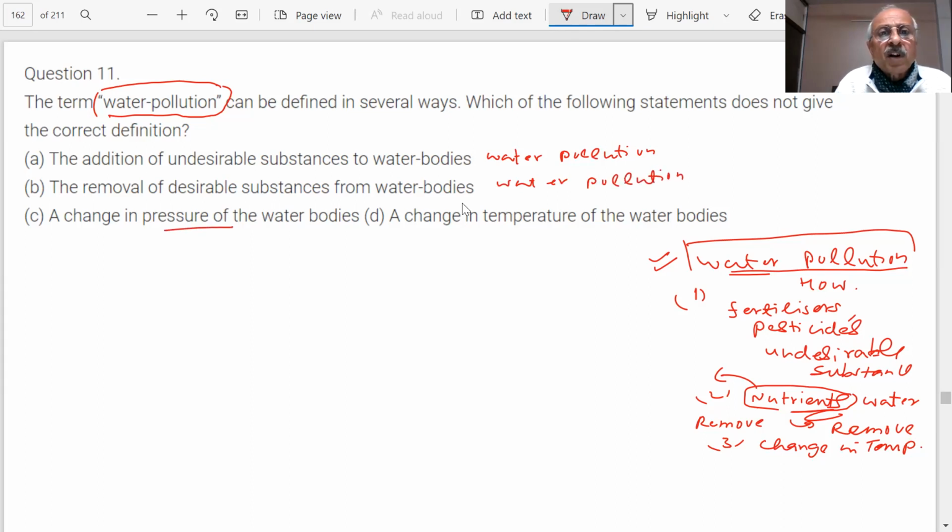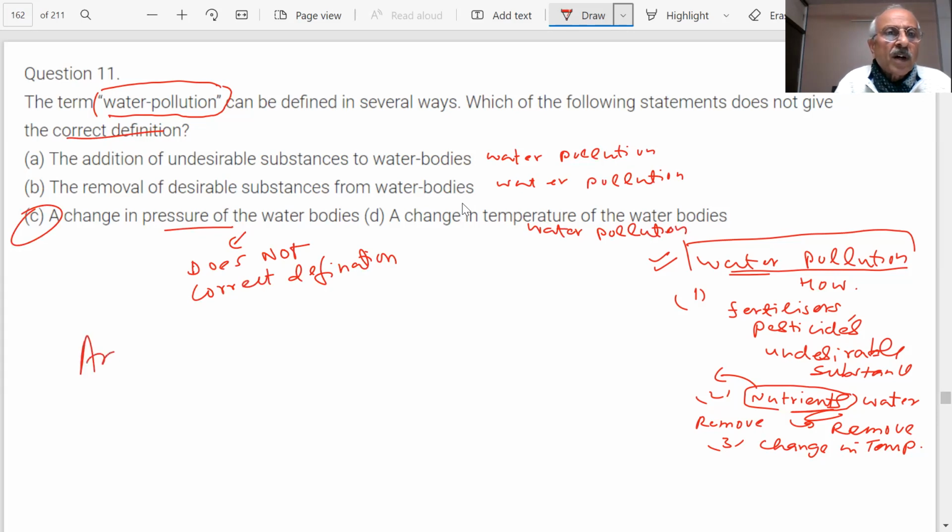Change in pressure of the water bodies does not give the correct definition. The question was which does not give the correct definition, students. And this change will also cause water pollution.